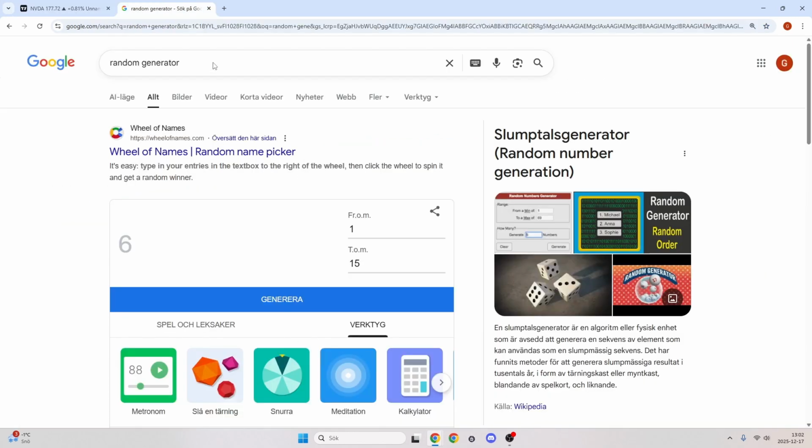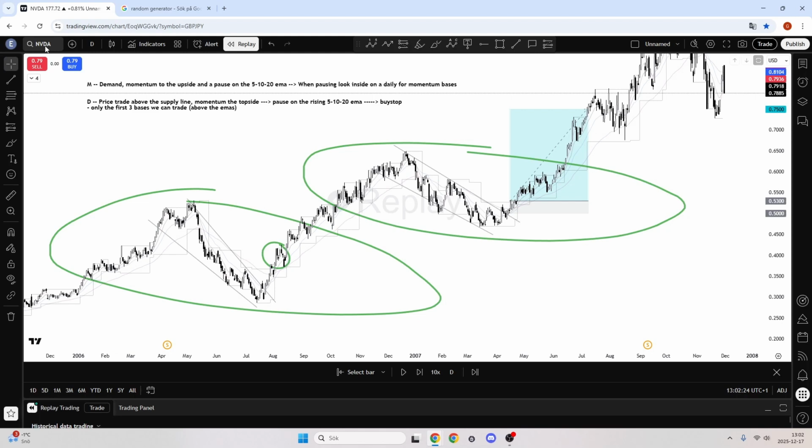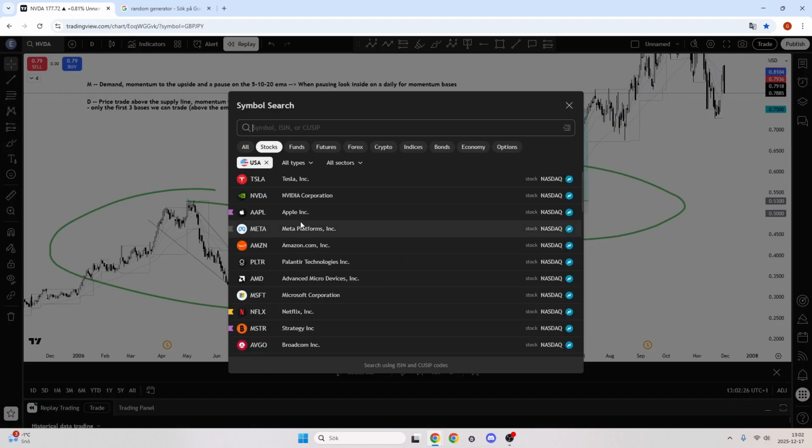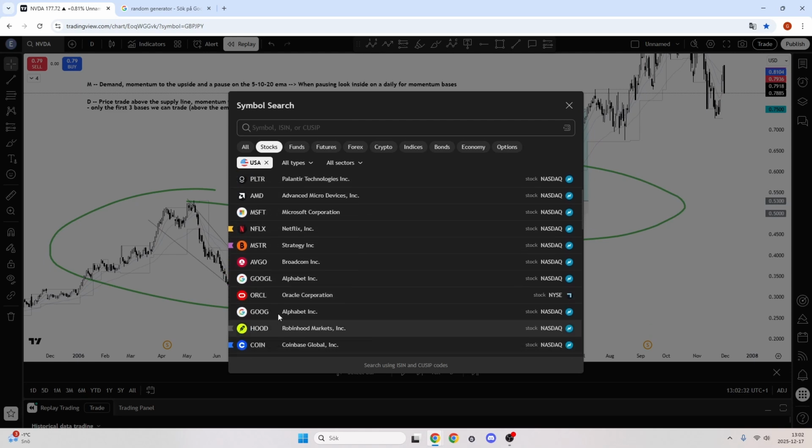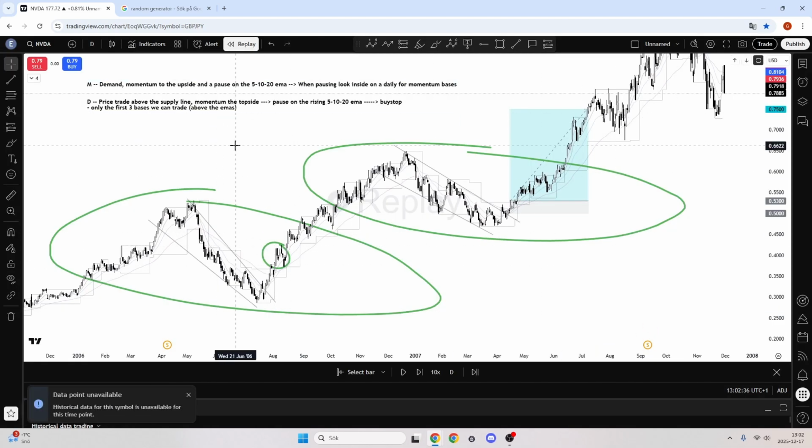So let's just start. So let's generate a random number. So that's 14. 1, 2, 3, 4, 5. So let's take Google, for example.